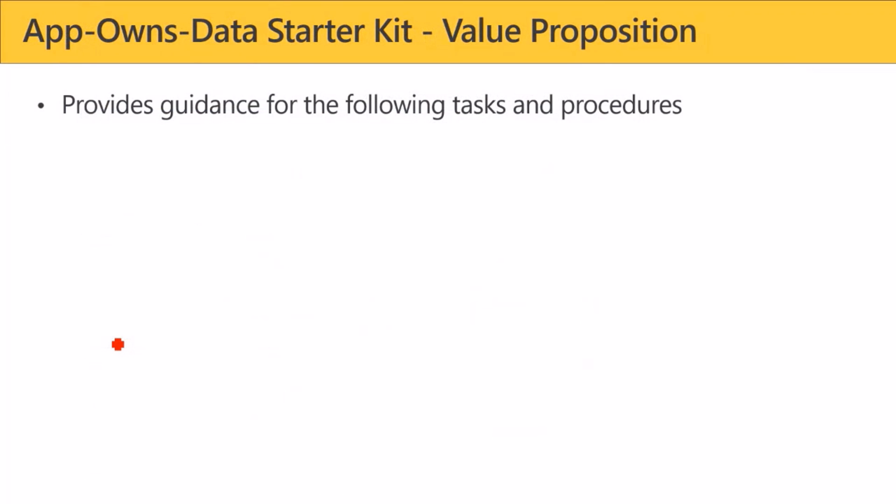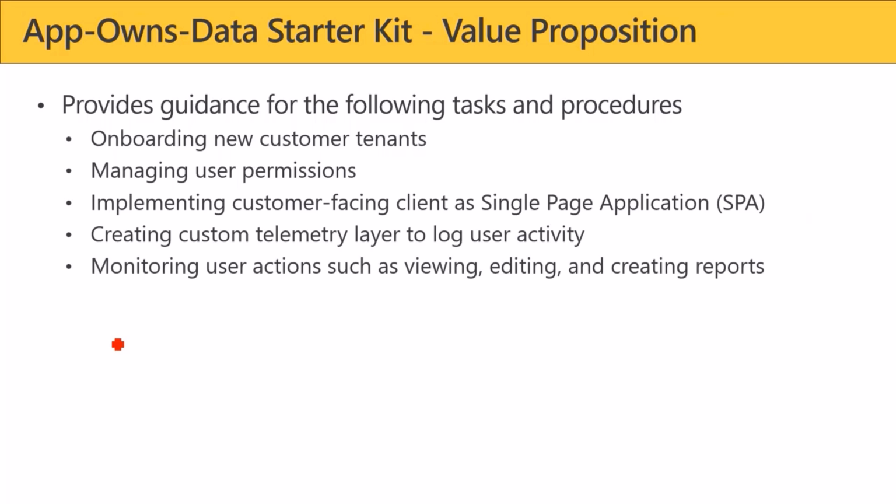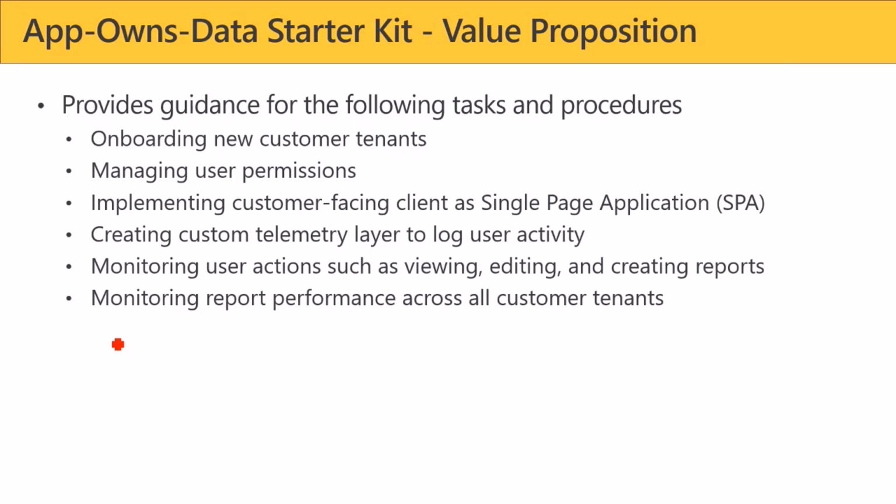Now, if you look at the app owns data starter kit, it's going to provide guidance for these areas, onboarding new customer tenants, managing user permissions. It's also going to show a design where you can have a single page application that then talks to a backend custom web API. And then finally, at the end, we're going to talk about creating a custom telemetry layer.